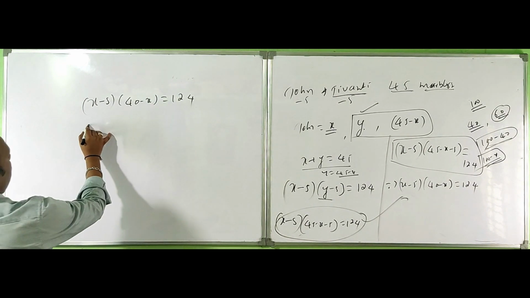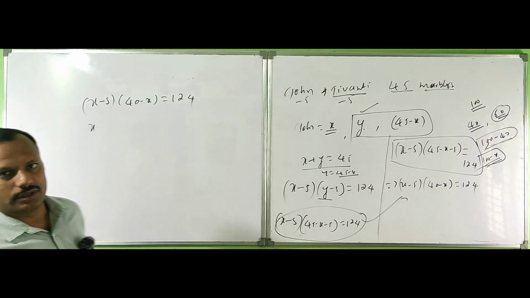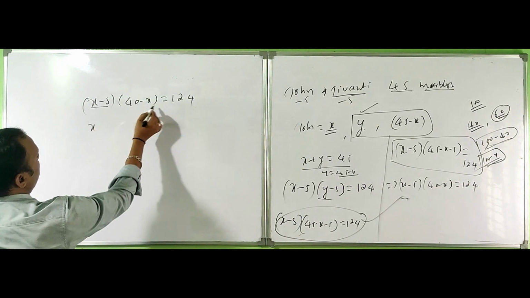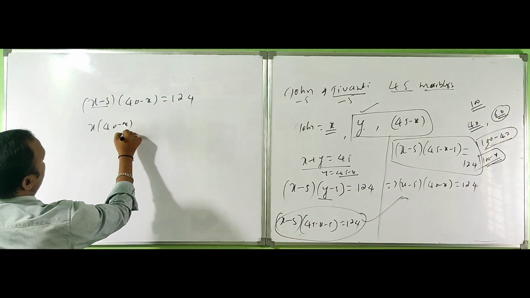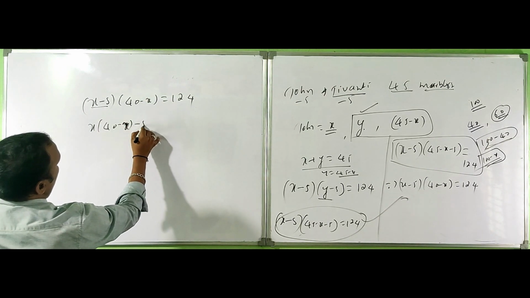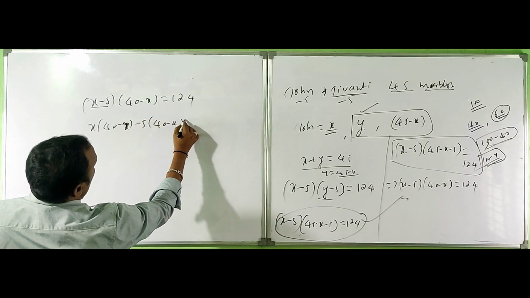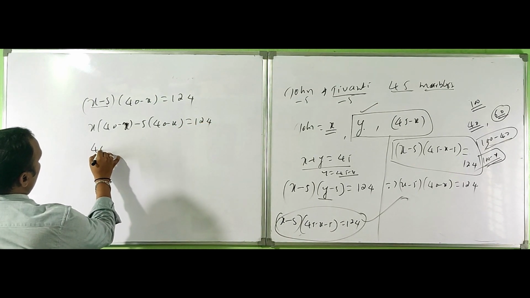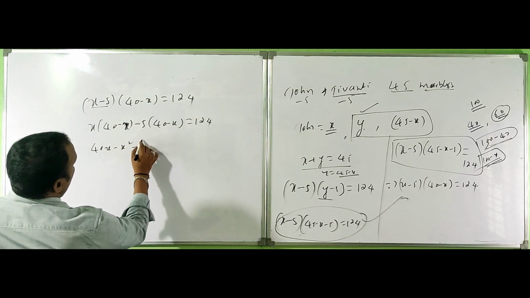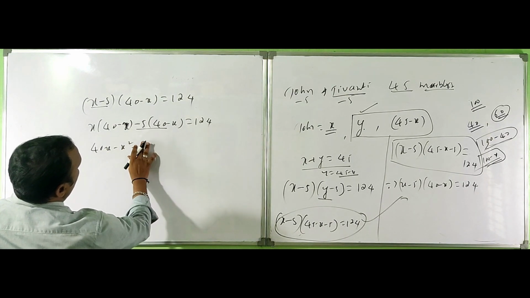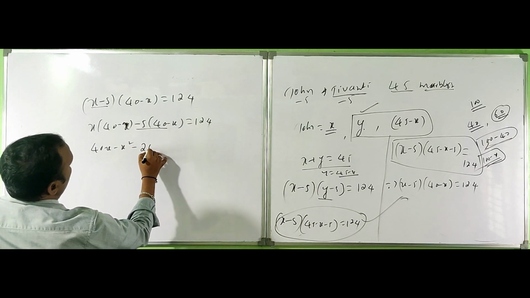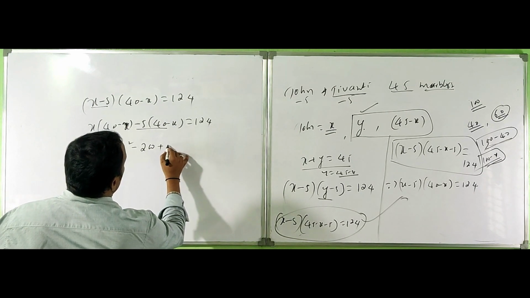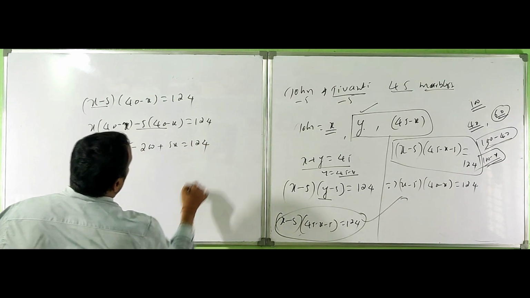Multiply it. I don't know whether you are beginners or not, but just follow the steps. The first term multiplies both terms, 40 minus x, and the second term with its sign as it is. This gives 40x minus x square, minus 200, plus 5x, equal to 124.